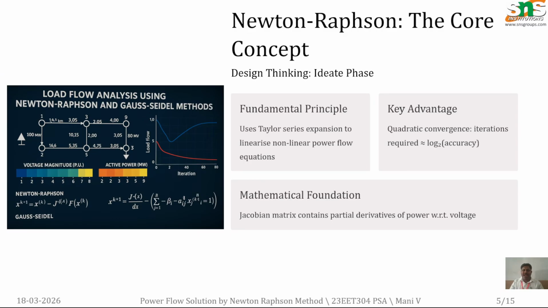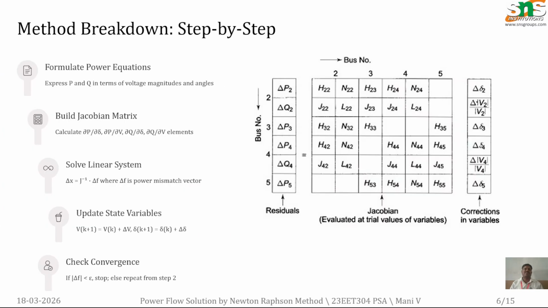It is also an iterative method, so until we get the exact result, we have to go for the first iteration, second iteration, third iteration, etc. Even if the number of iterations increases, we get the exact and actual result, and the accuracy is very high. The mathematical foundation is the Jacobian matrix, in which we use the partial derivatives of power with respect to voltage magnitude and phase angles.